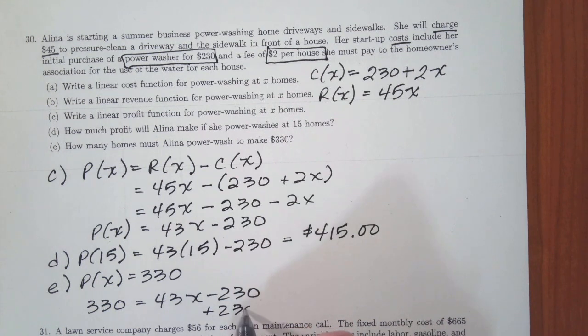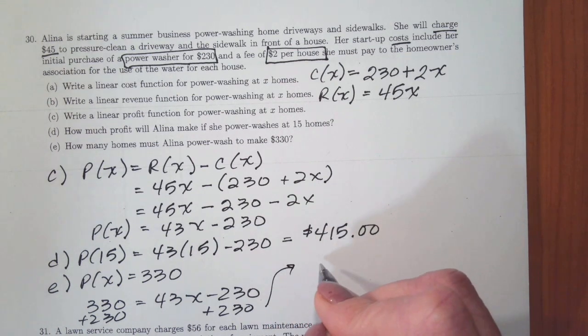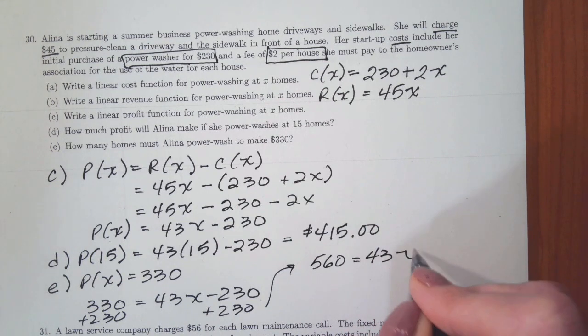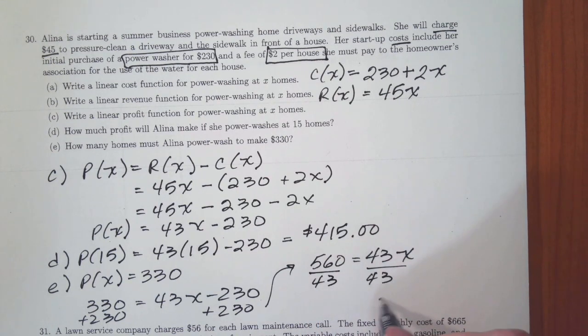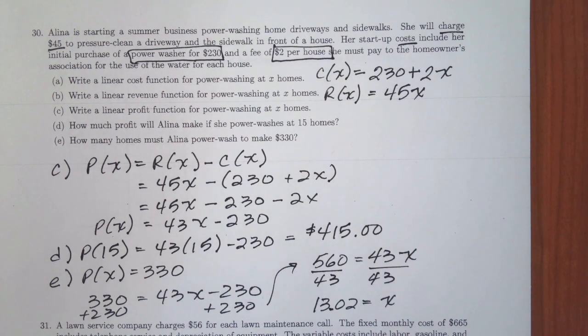I'll add 230 to both sides, and I get 560 equals 43x. Divide by 43, and I get x equals 13.02. Okay, so roughly 13. To actually make more than that, she's going to have to do 14.